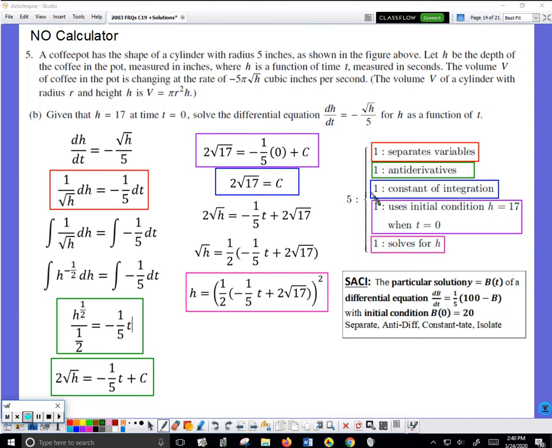Now I'm going to try and find the constant of integration by using the initial condition. So I'm going to earn the blue and the purple point. I simply take this equation and note that when h is 17, time is 0. So in place of h I put 17, in place of time I put 0.